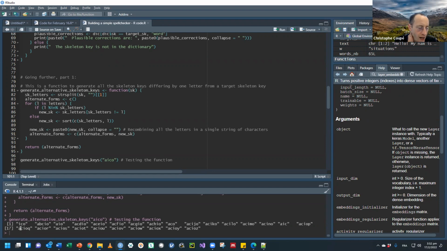You could drop the A. You could add a B. You could drop the C. You could add a D or an E or an F or a G or an H. You could drop the I. You could add a J, etc. You can generate 26 keys like this.